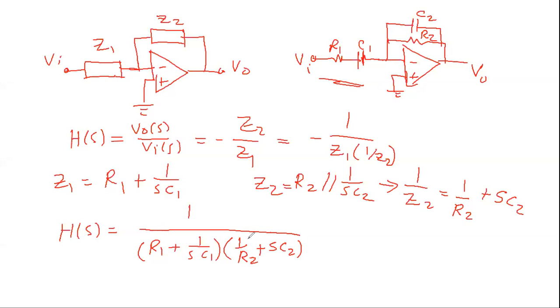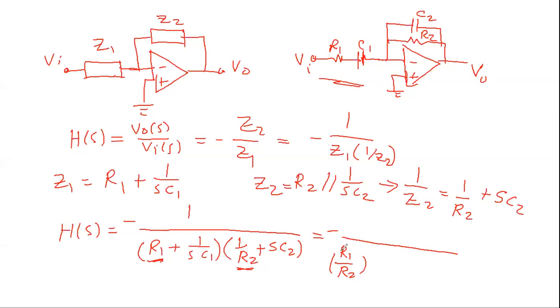Now you need to simplify this a little bit. Of course, there's a negative sign here. So you can take R1 and 1 over R2 common outside these factors. So you will end up with negative R1 common divided by R2 also common.